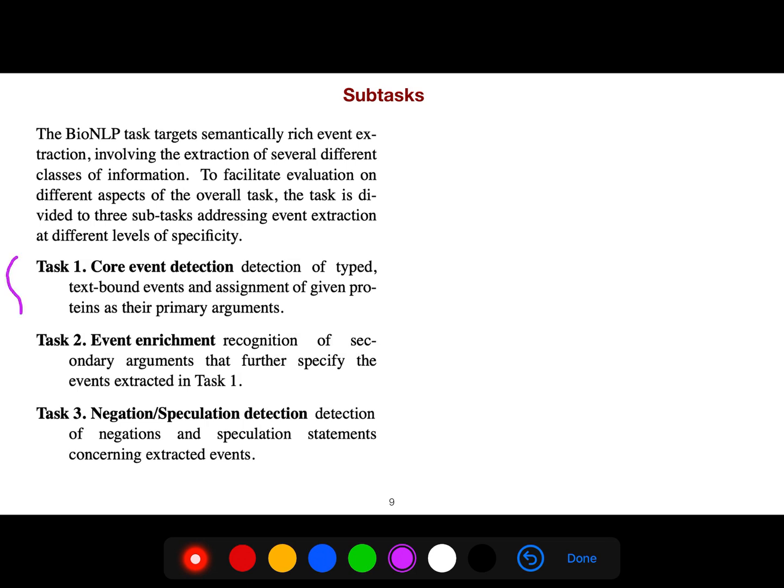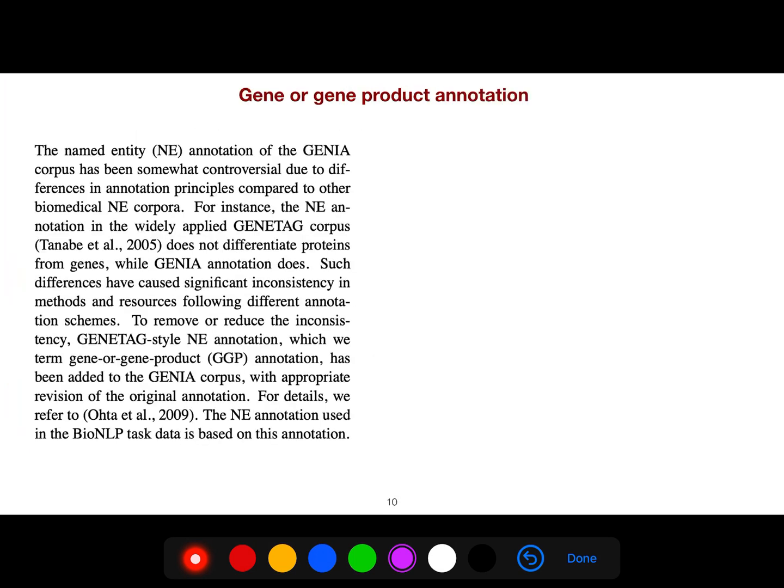Task 1 is core event detection: detection of typed, text-bound events and assignment of given proteins as their primary arguments. The second task is event enrichment, the recognition of secondary arguments. And task 3 is negation and speculation detection, concerning statements about extracted events.